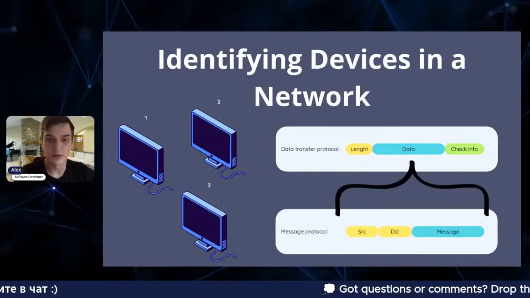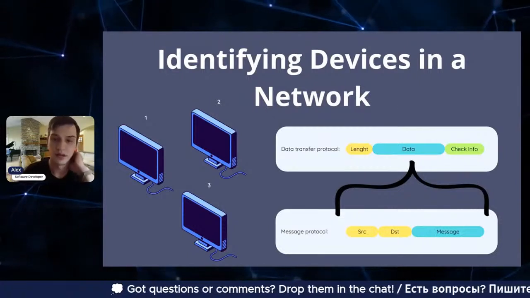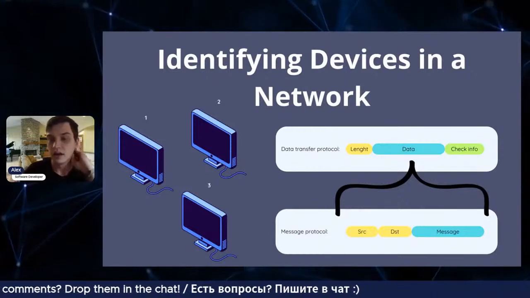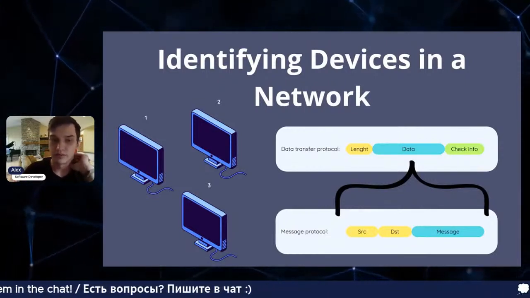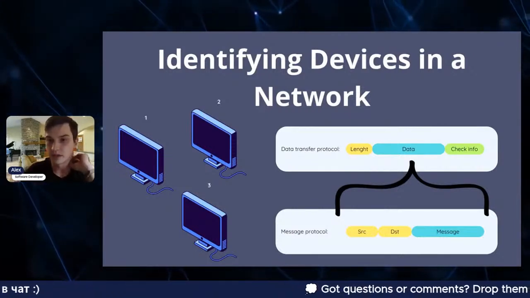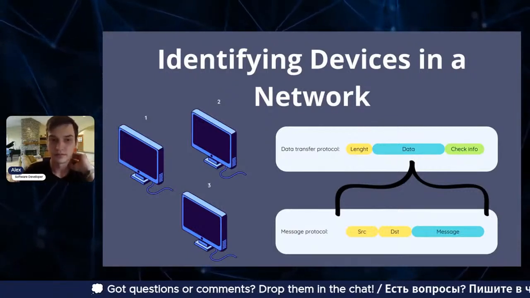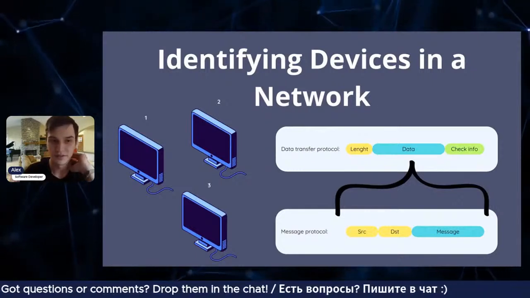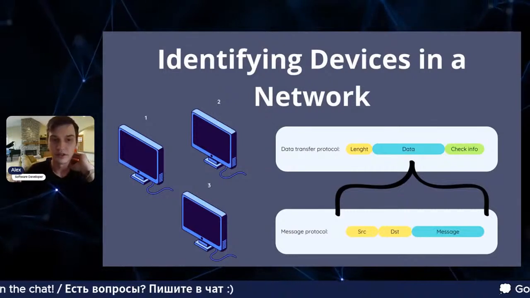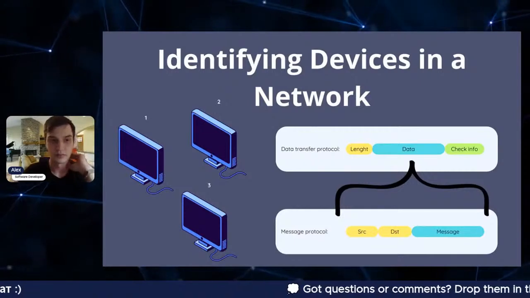We now need to put some more information into our data. So we put a source ID and a destination ID, and we put this information into the data of our message, because the source and the destination are important information too, and we need to check them by the checksum too.